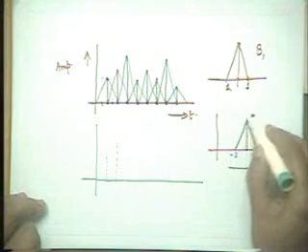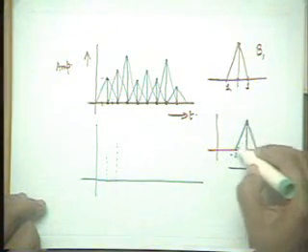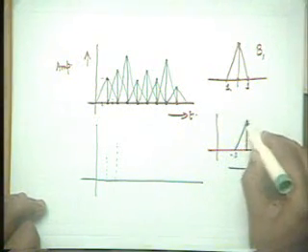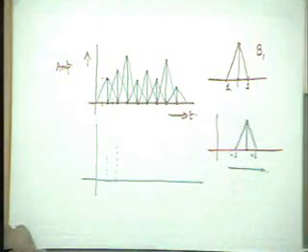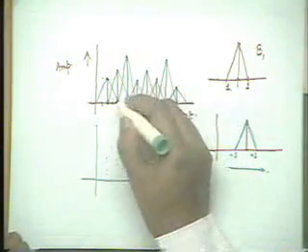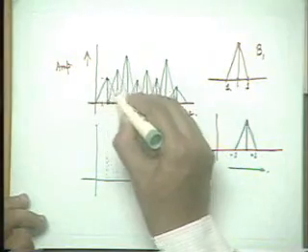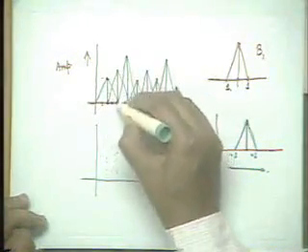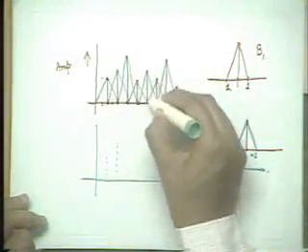So for a unit impulse, the interpolated function will be just like this, but in this case the interpolated function will be nothing but the summation of all these functions which we have got.